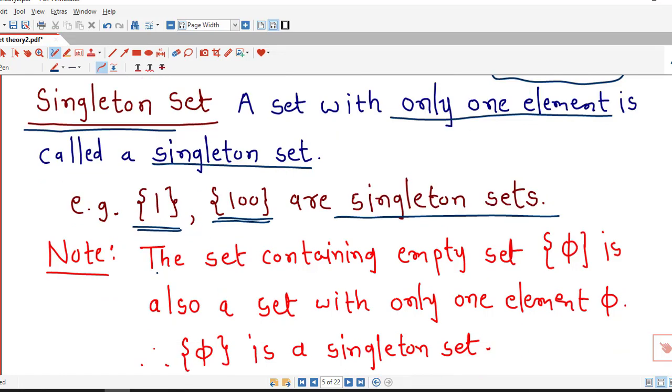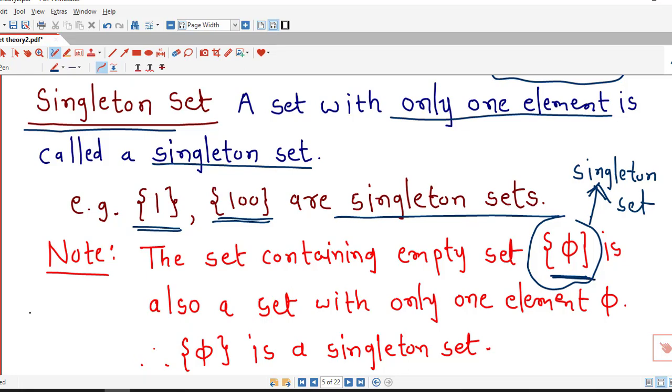If we consider this set which contains the empty set, this is also a singleton set, because this set contains one element and that element is the empty set. So this set is not an empty set. Be careful.